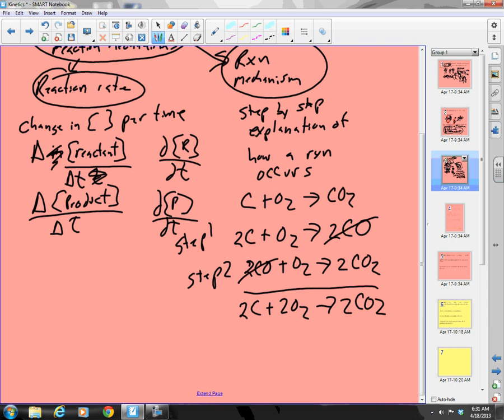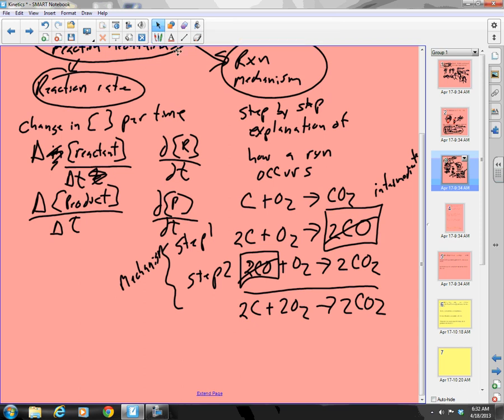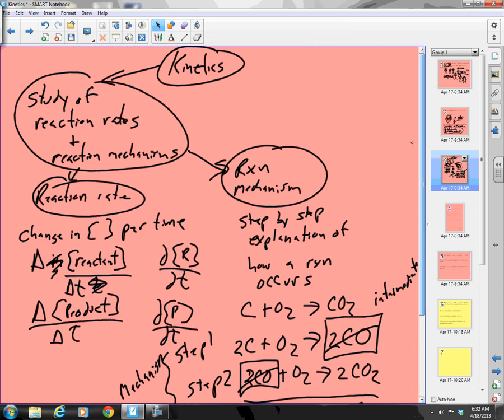And so this is a mechanism to explain step by step how that reaction could occur. The first step, this happens, second step, that happens. Hey, and by the way, this thing here that's created and then later destroyed, we would call that an intermediate. Now, we don't care about that for honors, but when we get to AP, that'll make a difference. Good. So that's kind of kinetics.